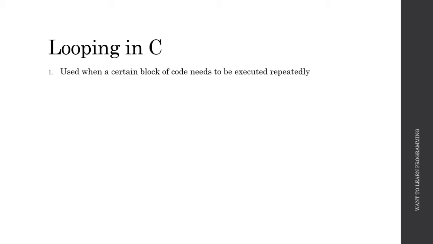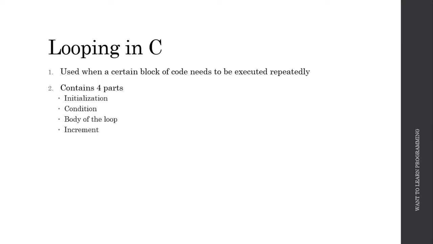Looping is used when a certain block of code needs to be executed again and again, repeatedly, for many number of times. Looping contains four parts, that is the initialization section, condition section, body of the loop and the increment section.